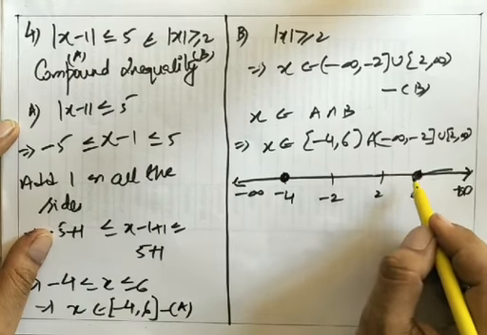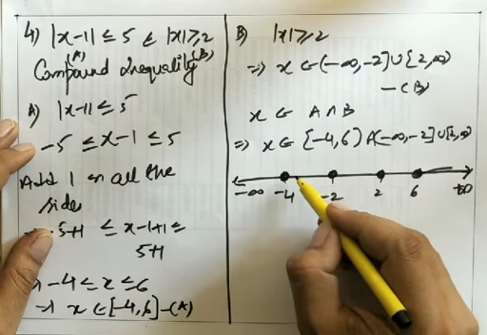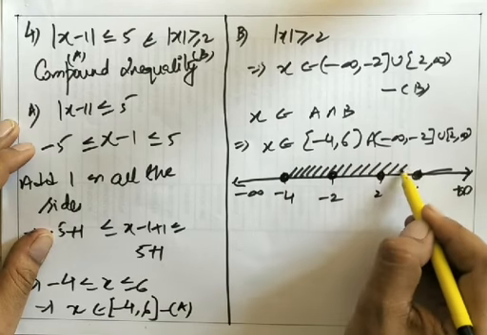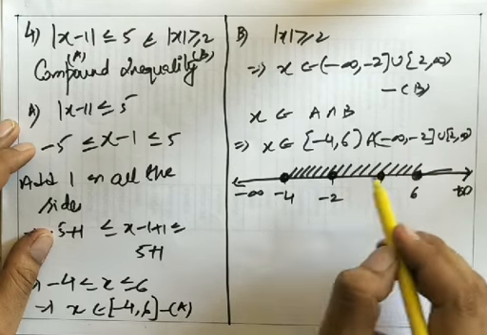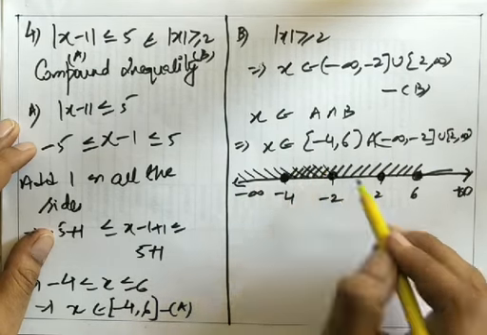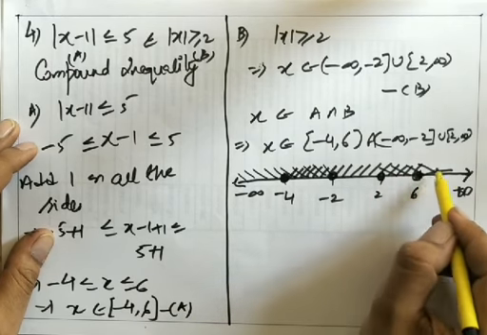The inequality A is saying between minus 4 and 6, so let me show it by forward slanted lines. Inequality B is saying minus infinity comma minus 2, so let me show it by backward slanted lines, and union 2 comma infinity.